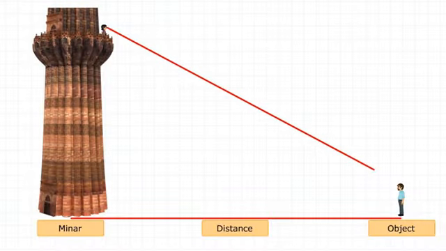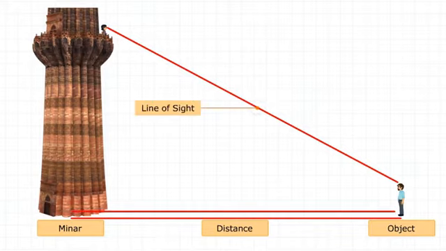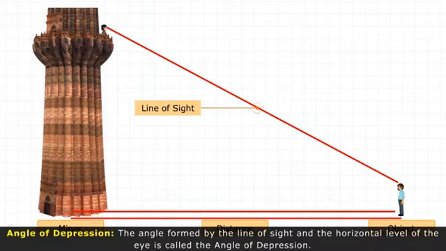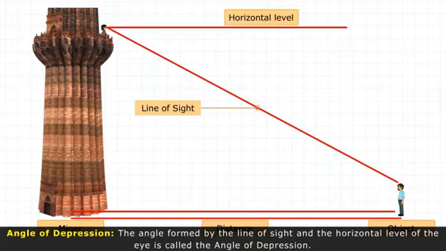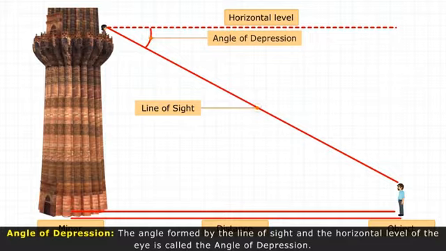Now, when you look at me, the line drawn from your eye to me is called the line of sight. As you observe, the line of sight is below the horizontal level of the eye, and the angle formed by these two is called the angle of depression.